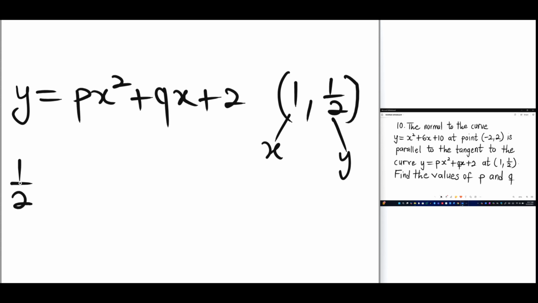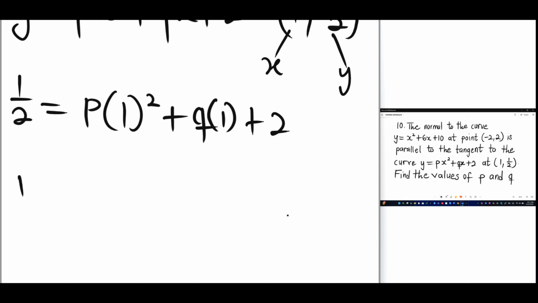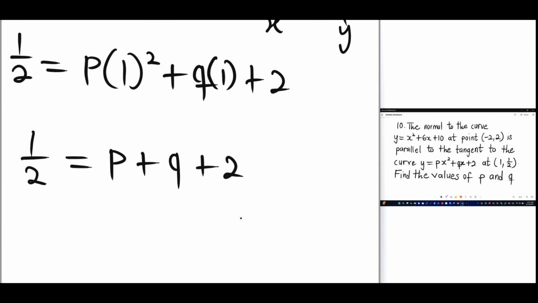So we will now substitute this component into the curve. So half is equal to p multiply 1 squared plus q multiply 1 plus 2. So you're going to get half is equal to p plus q plus 2. Our LCM here will be 2, so we multiply through by 2.